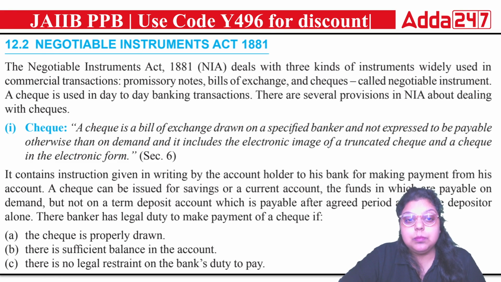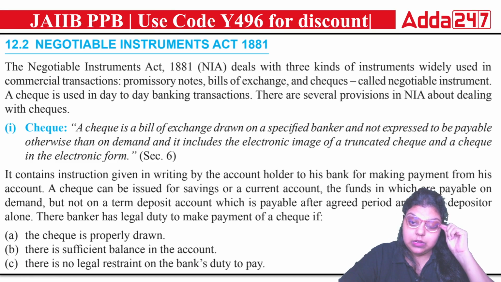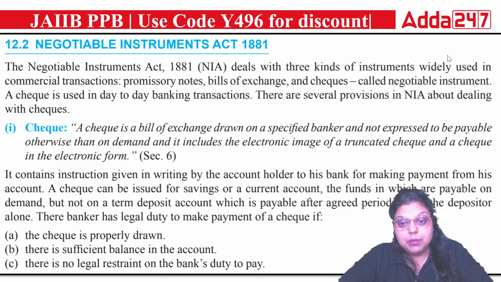And the check is simply a type of bill of exchange which is drawn on a specified banker and not expressed to be payable otherwise than on demand. Now CTS is also available for checks, that is the Check Truncation System, which says that the physical movement of the check should be stopped and the electronic image of the check will be used to make the payments.